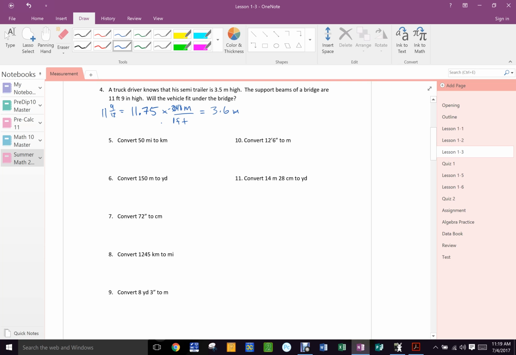Does he fit under the 3.5? His truck is 3.5. The bridge is 3.6. Does he fit? Yeah. Should he risk it? All the guys like, yeah, do it, man. He'll make it. It's no problem. It's this much. 0.3048 by 11.75.